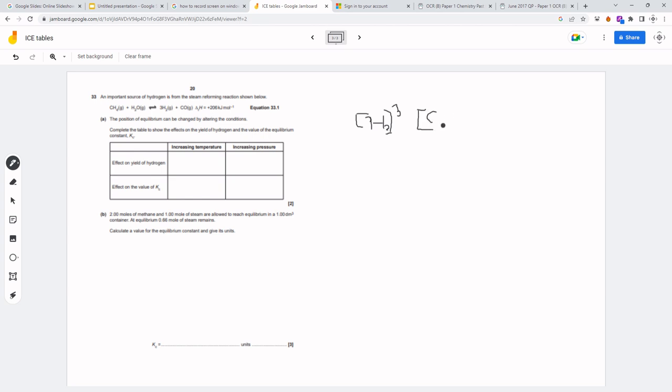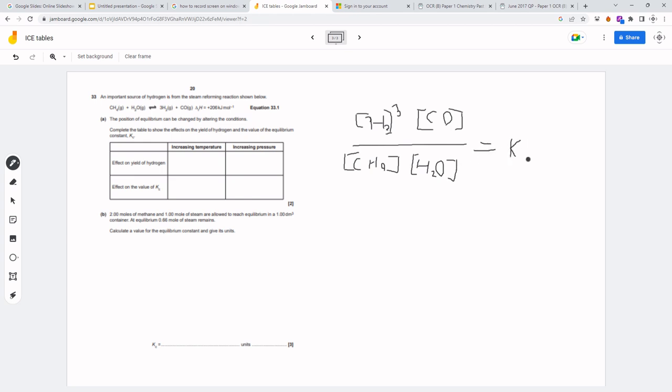This is just constructing the equation for Kc. And now that we have these two things done, we can put in the values for Kc.